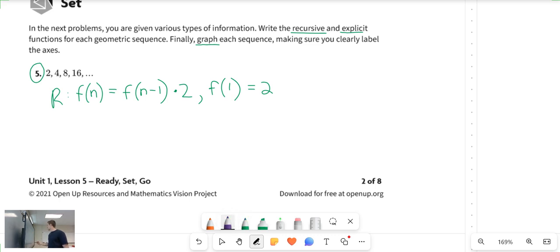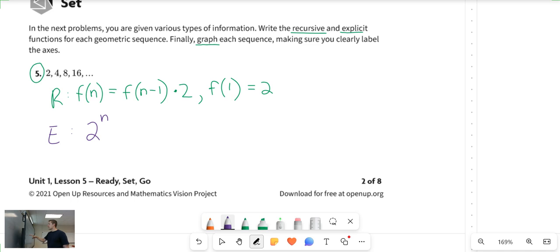Now let's do our explicit, in a different color. We're going to start at 2, and it's going to double each time. If we plug in a 1, we need to get a 2, and since it's repeated multiplication, times 2, times 2, times 2, that tells me it's going to be exponents. Let's write an exponent with a base of 2, because that's the thing that's repeated.